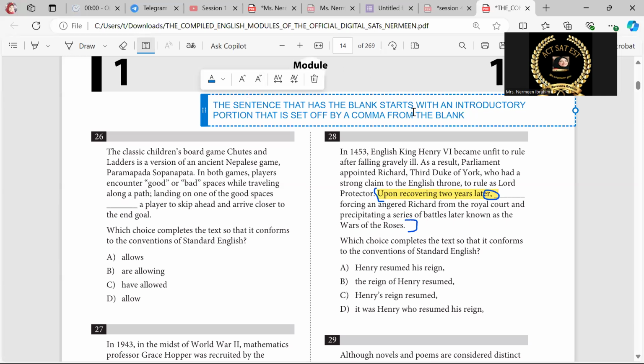Okay, nice. And this introductory part must be referring to the subject in the best answer choice.